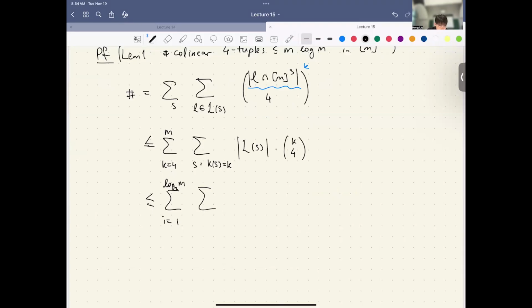Now we choose S where K of S is within 2 consecutive powers of 2. This is dyadic partitioning, a standard trick. Now this K to the 4 becomes what? We know K is at most 2 to the i plus 1. So K choose 4 is 2 to the i plus 1, choose 4.